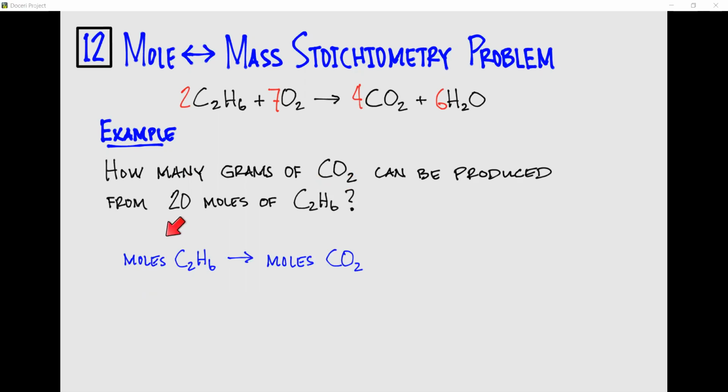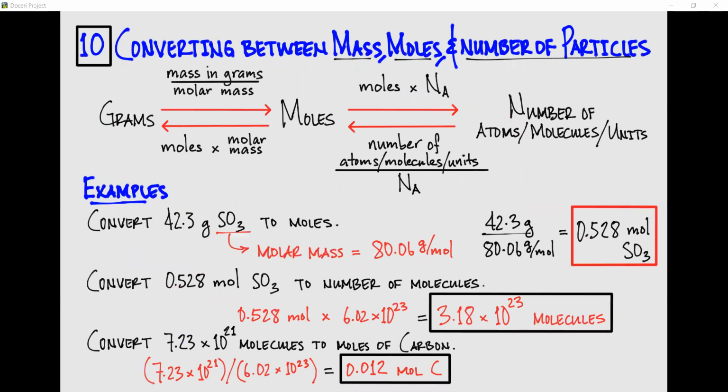We're going to determine the moles of CO2 from the moles of C2H6 using the mole ratio between them. And then once we determine the moles of carbon dioxide, we can convert that to mass of carbon dioxide in grams. And again, you can use this chart here. If you have the moles of the molecule, you can convert that to grams of molecule and vice versa.